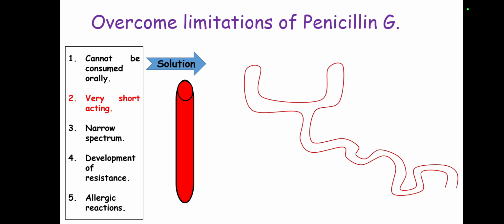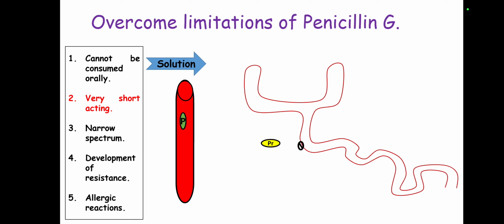Now, what is the solution to this problem? One solution is to inhibit the tubular secretion. If penicillins are not secreted, then they will remain in the blood for a long time and become long acting. This can be done by giving another drug, that is probenecid.